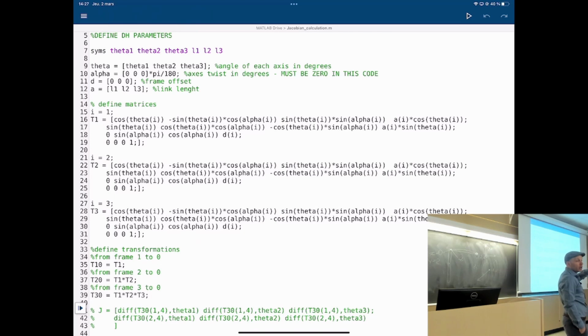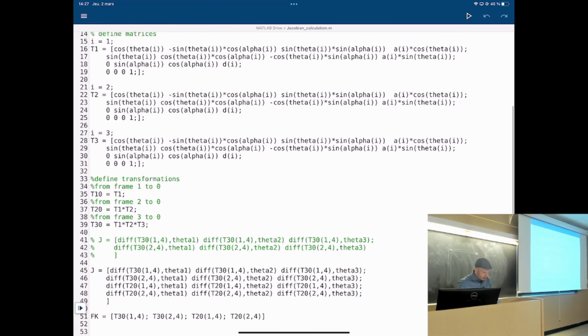They are given a symbolic variable. So when you run this, all of these transformation matrices are functions of theta 1, 2, 3, and 4 as variables. So you can get the expressions for the forward kinematics through that.